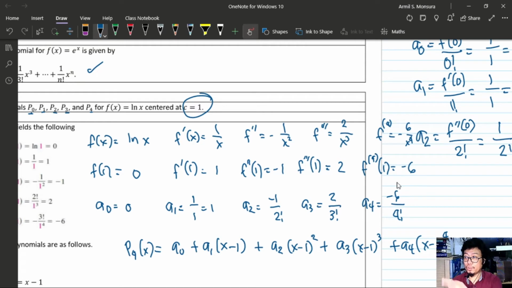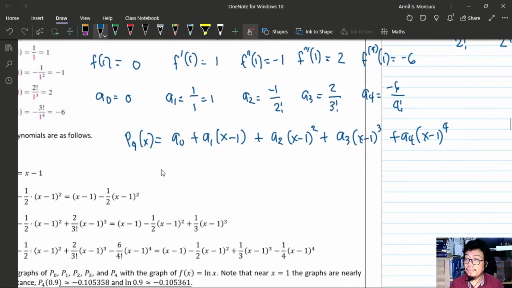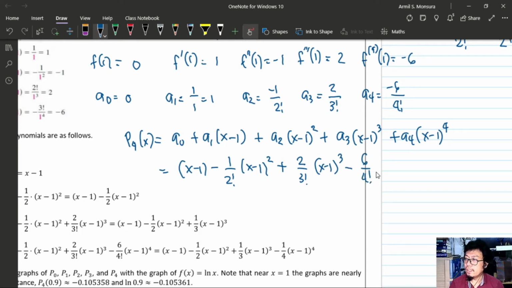Then we substitute into the Taylor polynomial. A1 is 1, so this is x minus 1 plus A2, which is negative, so minus 1 over 2 factorial times x minus 1 squared. This is positive, so plus 2 over 3 factorial times x minus 1 cubed, minus 6 over 4 factorial multiplied to x minus 1 raised to 4.